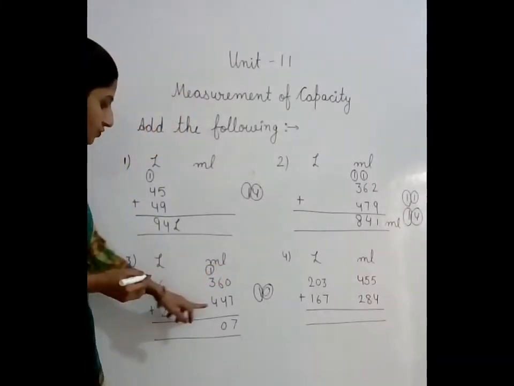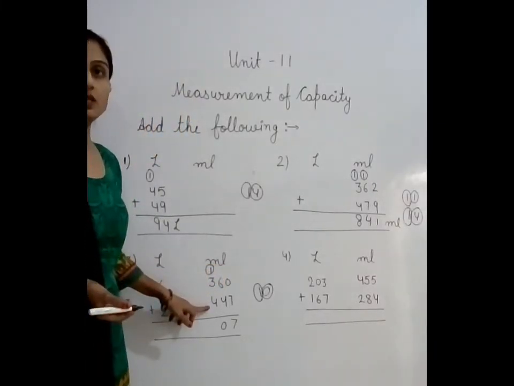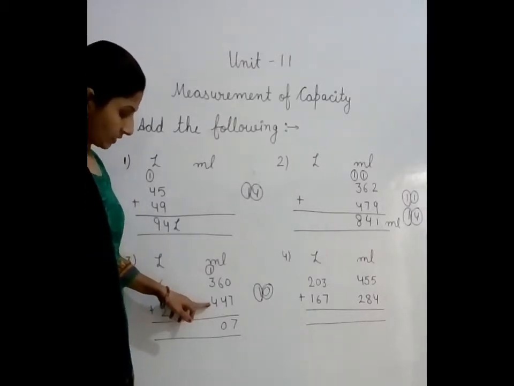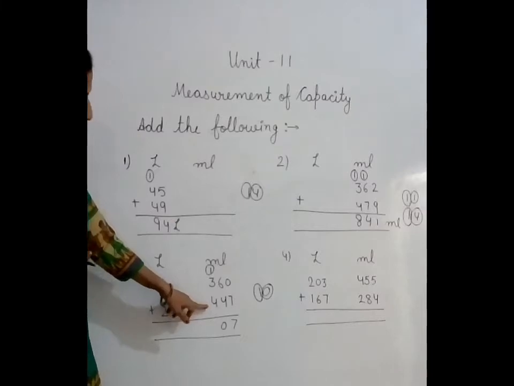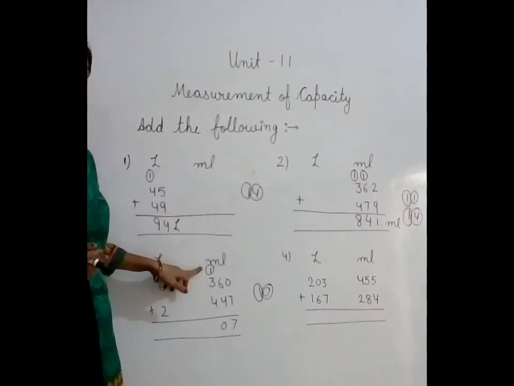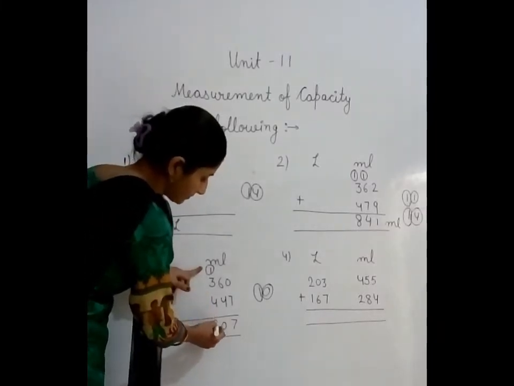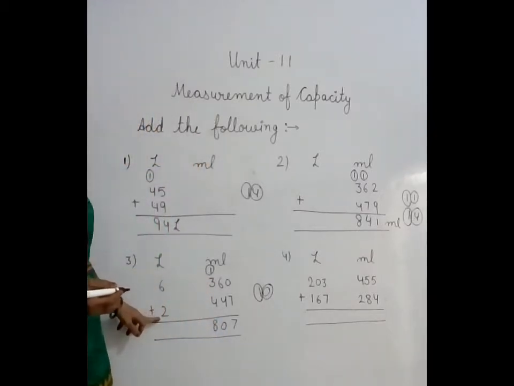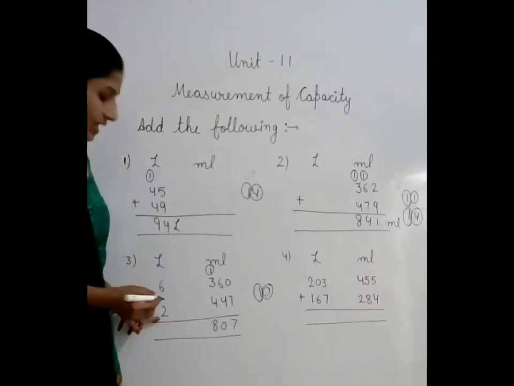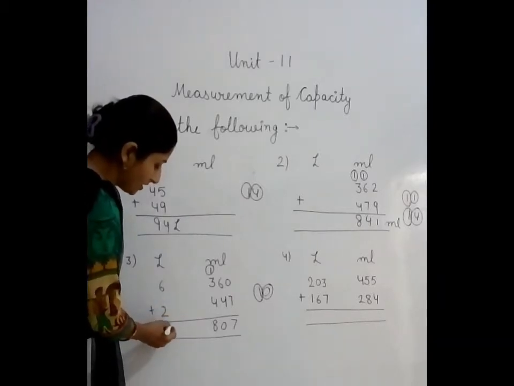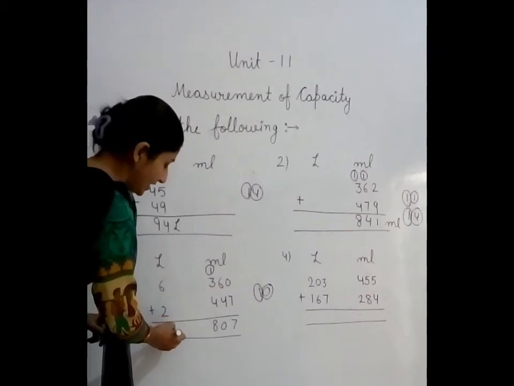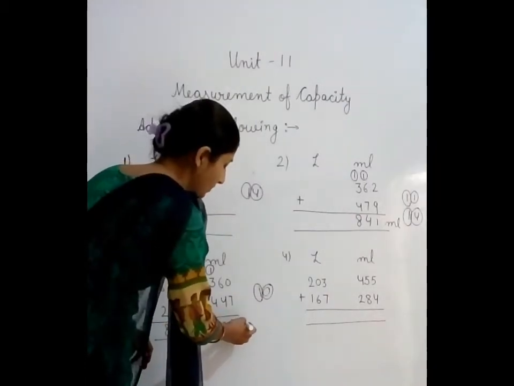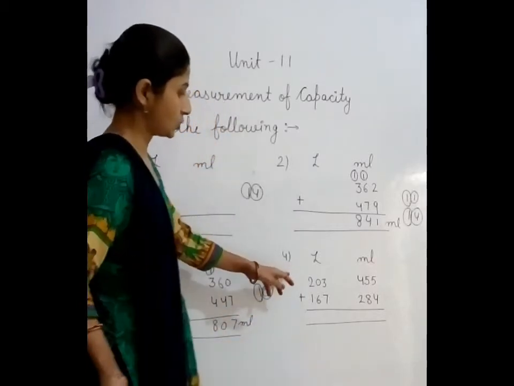Now 3 plus 4. 3 plus 4 is how much? Give me. Yes, 3 plus 4 is 7 and 7 plus 1 is 8. Move to liter side. 6 plus 2. 6 plus 2 is, yes, 8. So what is our answer? Our answer is 8 liter 807 milliliter.